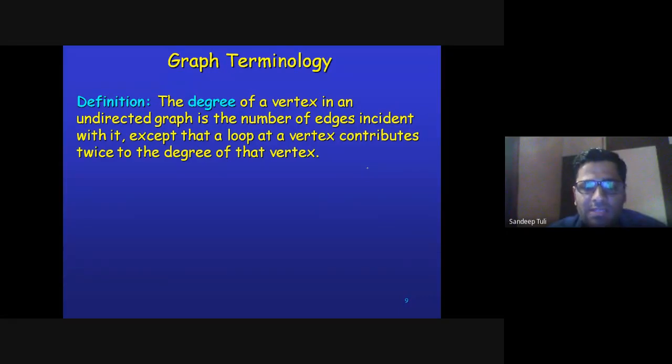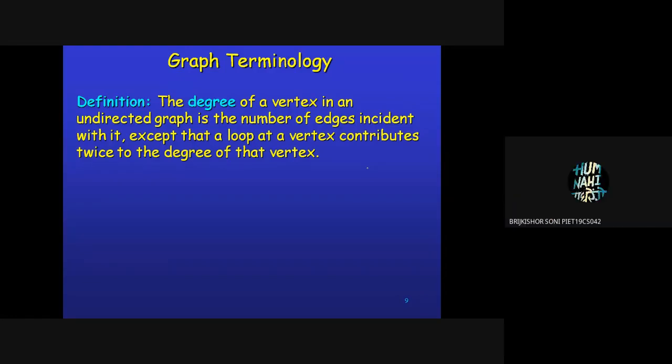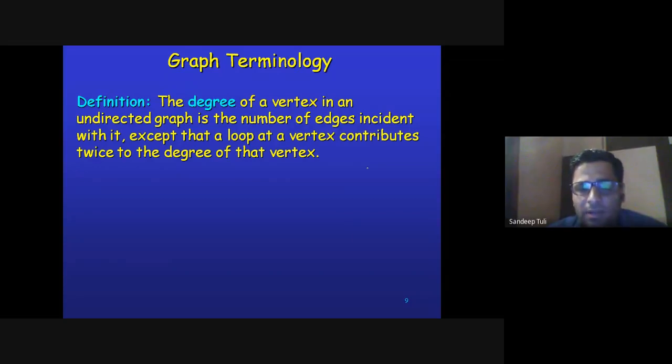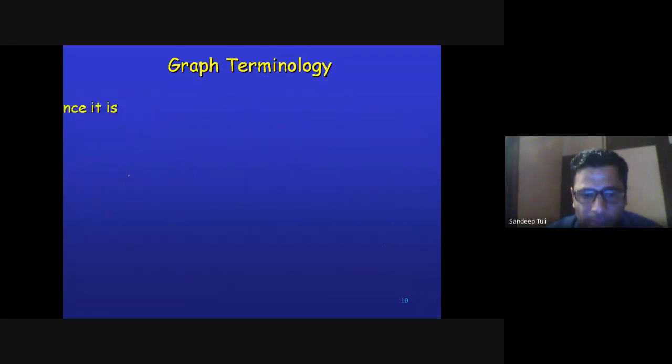So now in this case, the degree of a vertex in an undirected graph is the number of edges incident with that particular vertex. Right now I am ending here; one more sentence is written ahead. Let me come to the example directly first of all.